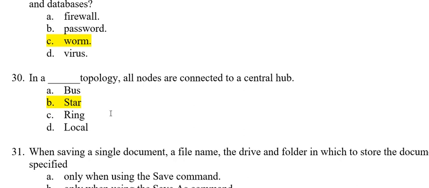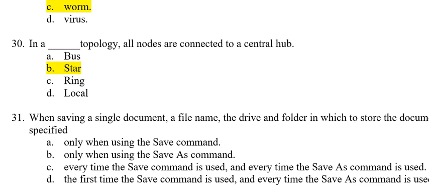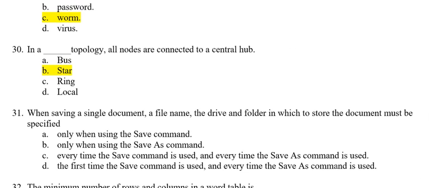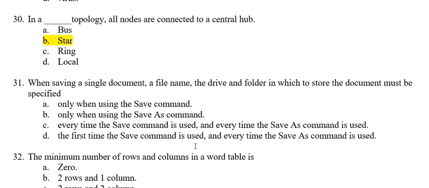So number 31, let's look at it. When saving a single document, the file name, and the drive and folder in which to store the document, must be specified only the first time the Save command is used and every time the Save As command is used.